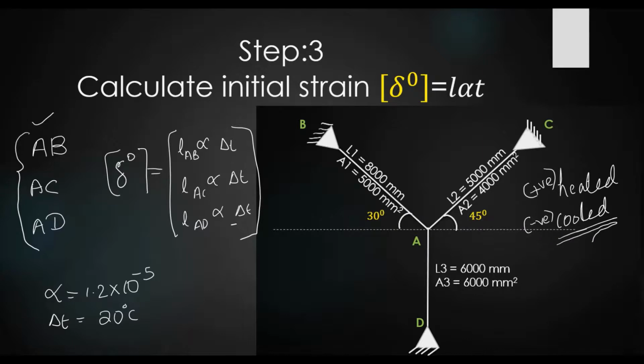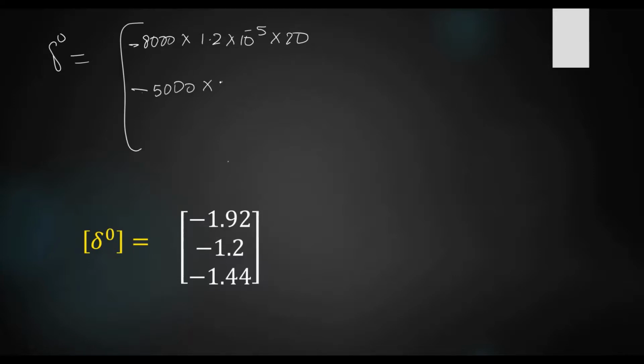So we have length of AB is 8000 into alpha into delta T. Let us see, delta 0 is equal to 8000 into alpha 1.2 into 10 raised to minus 5 into 20, and for AC it is minus 5000 into 1.2 into 10 raised to minus 5 into 20, and for AD it is 6000 into 1.2 into 10 raised to minus 5 into 20.